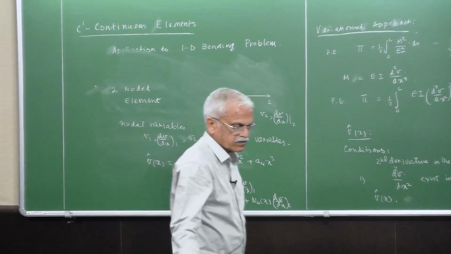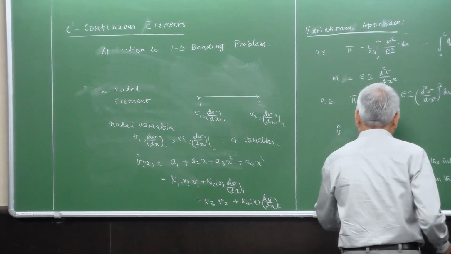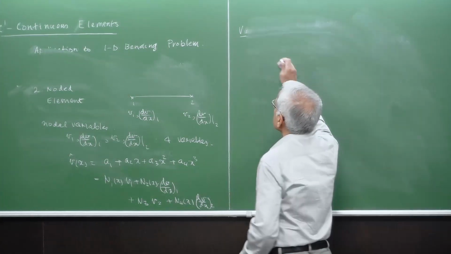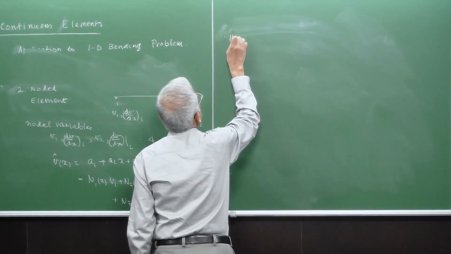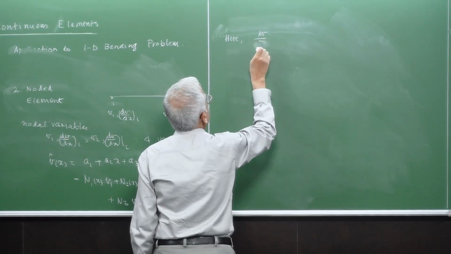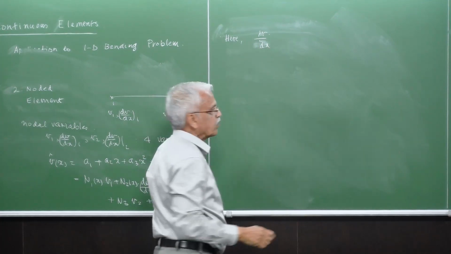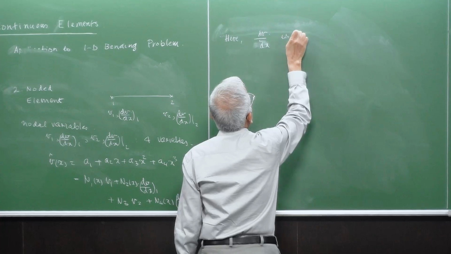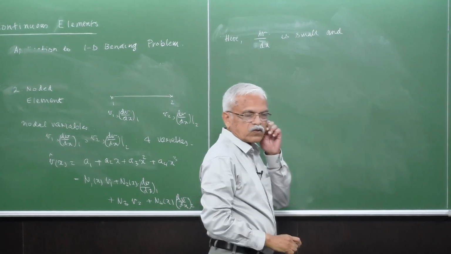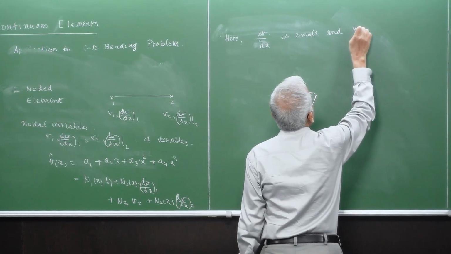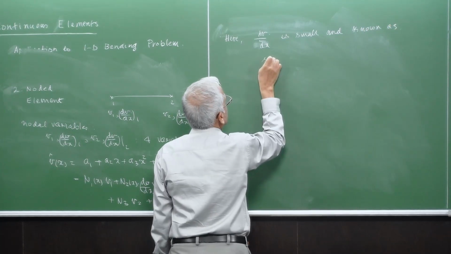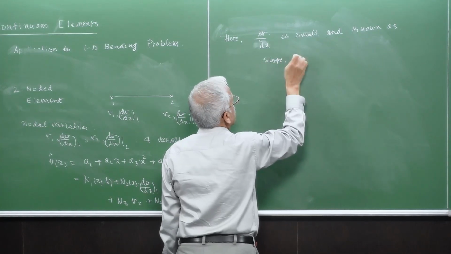So this dv by dx is usually a small value, and it is given the name slope, theta.